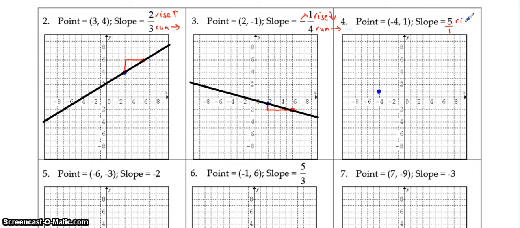So your rise is 5, so you're going to go up 5, and your run is 1, so you're going to go to the right 1. So up 5, right 1, and connect them with a line. Lines going all the way to the edges.